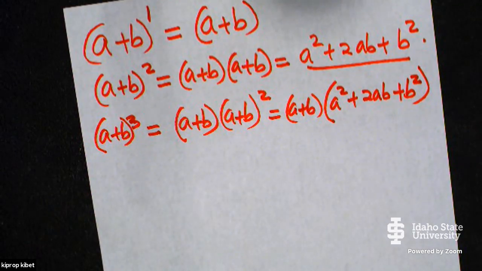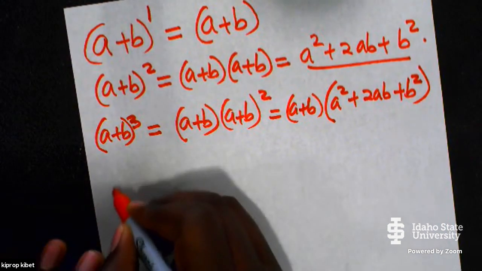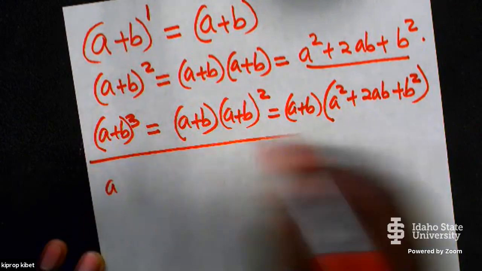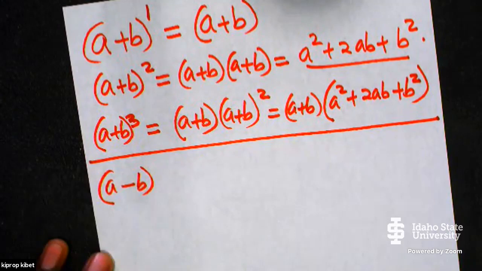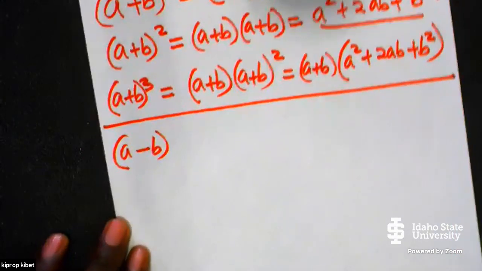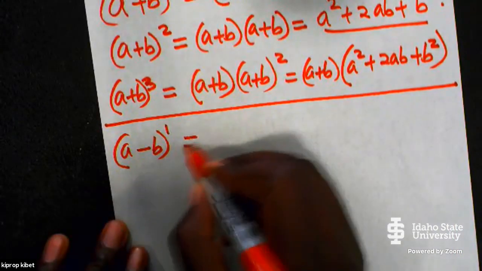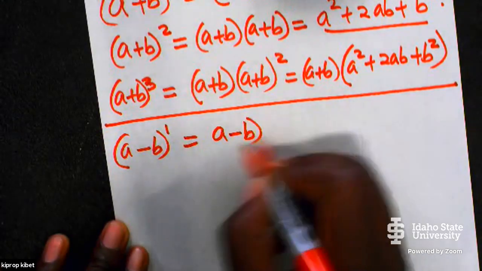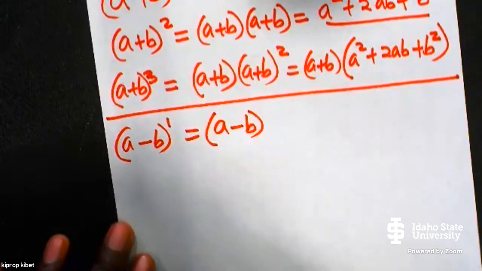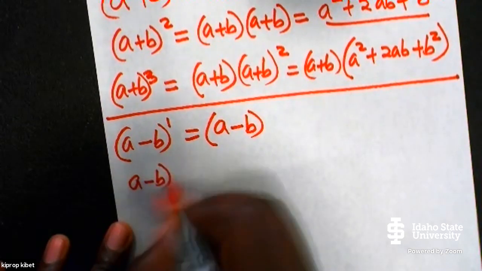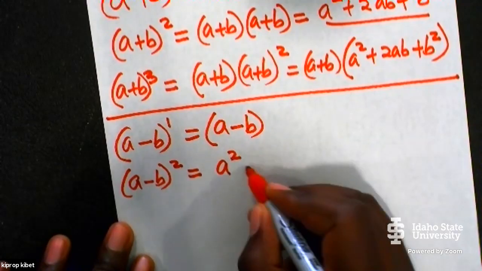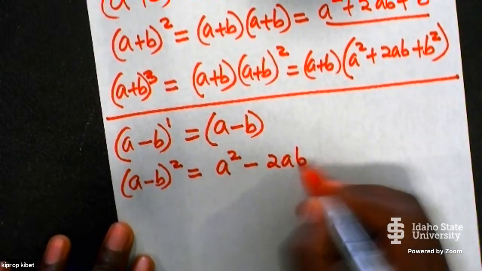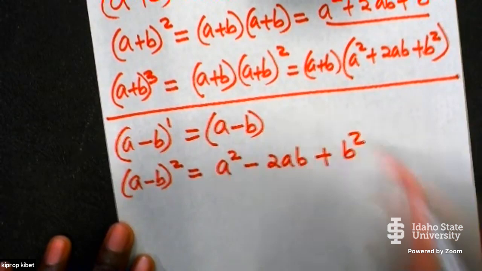Now, for the cube again, let's do it up to there. So if you have a minus b, a minus b raised to 1 is the same as a minus b. A minus b squared is the same as a squared minus 2ab plus b squared.